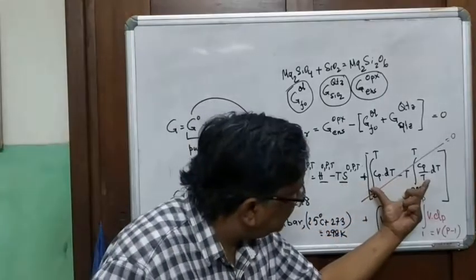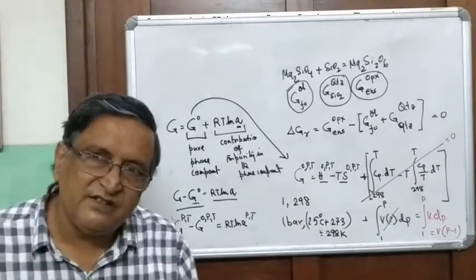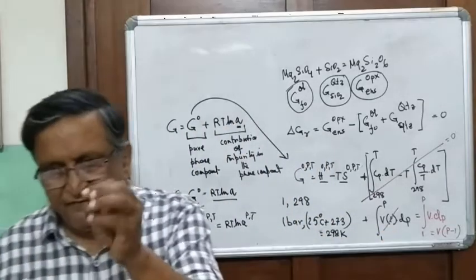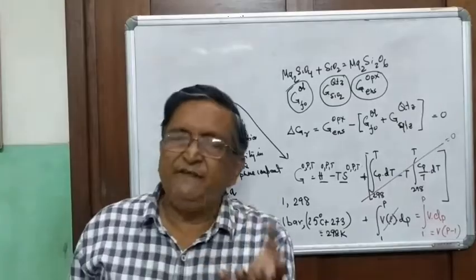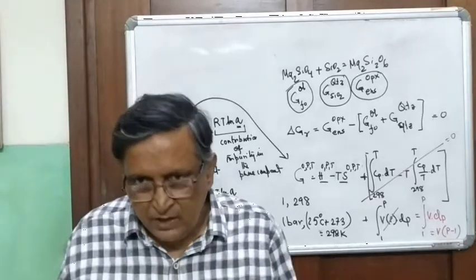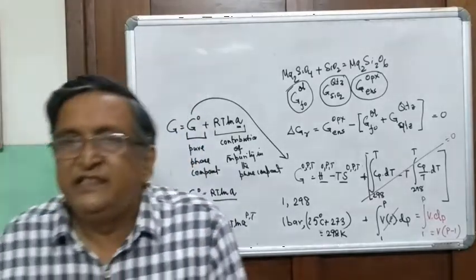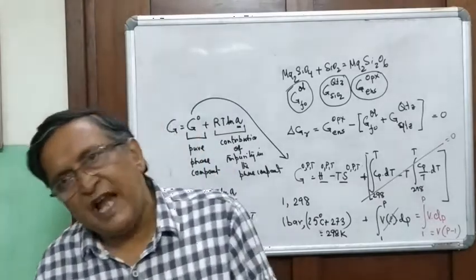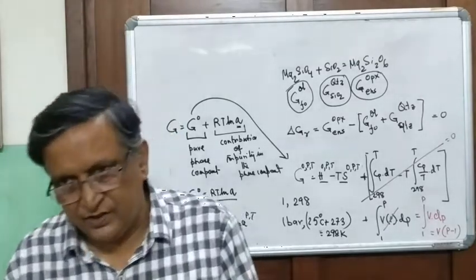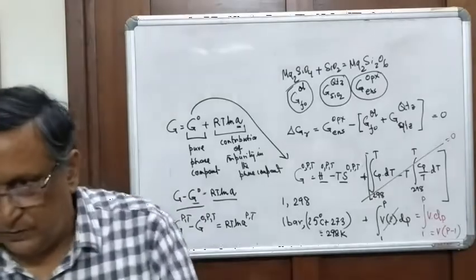So you ignore the heat capacity terms. And the volume of a phase, if it is compressible, is a function of pressure and temperature. We assume that our solid is incompressible.